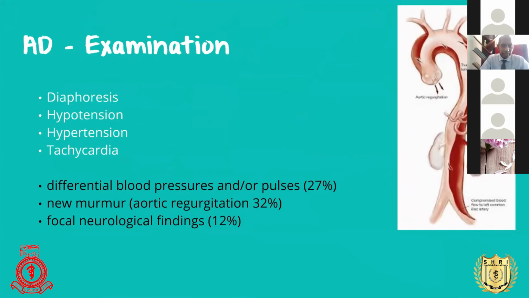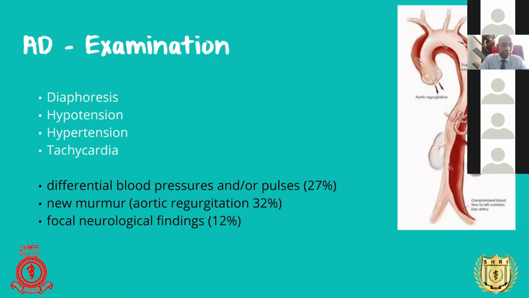On examination, these are sick patients. They are diaphoretic, they are hypotensive, they can be hypertensive, and they can be tachycardic. Differential blood pressures of the right and left arm are present in about one-fourth of the patients.